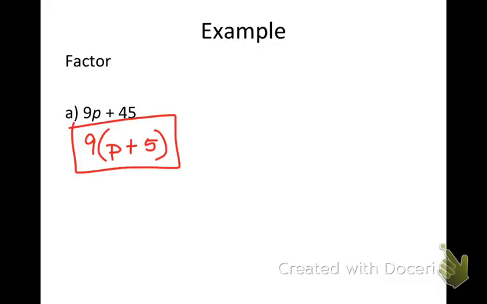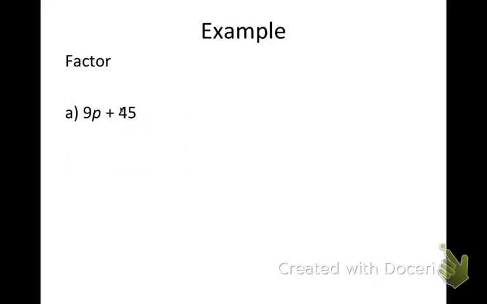Okay. All right. Next one, 8m squared p plus 4mp. So the first question we should always ask ourselves is, is there a GCF that I can factor out?